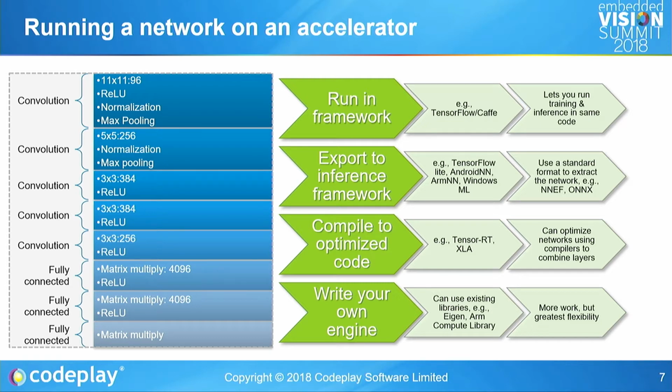Then there's a whole range of tools that you might expect. You might normally expect source line debuggers and stuff like that. That's quite hard to deliver on parallel processors. We do it, but it's hard to do. And also you've got to ask, are you doing any unusual AI operations? If you use an existing piece of software, are the operations that you need supported by your network? And if not, can you add them?